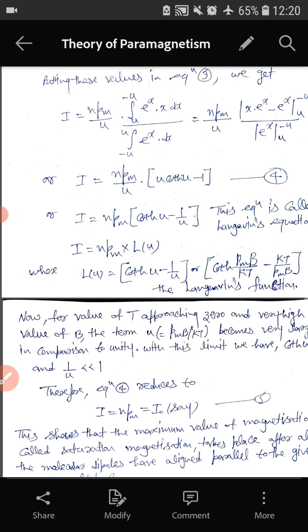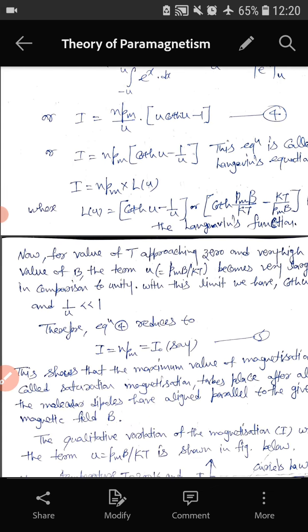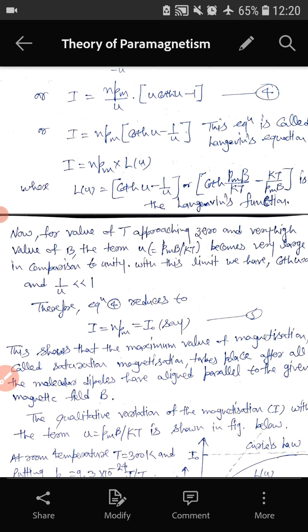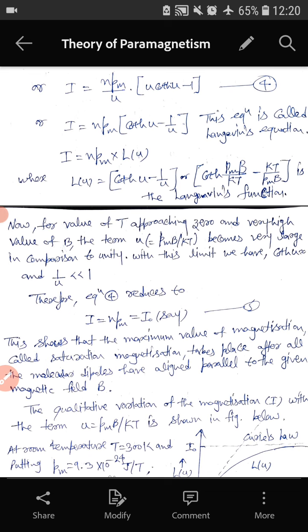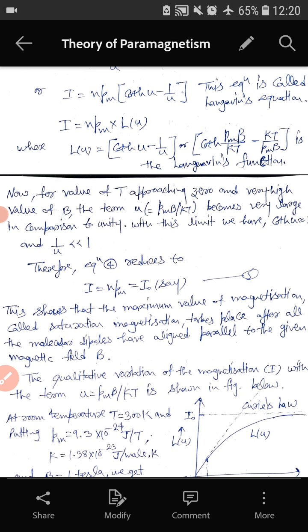So in that case, I will be n Pm, or say it is I0. This is the maximum value of magnetization, called the saturation magnetization, which takes place after all the molecular dipoles have aligned parallel to the given magnetic field. When for any substance all the atoms or molecules align themselves in the direction of the field, we say saturation, or the maximum magnetization, has been achieved. So we call it I0.